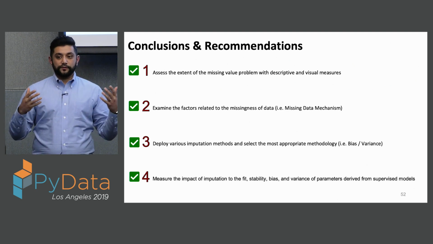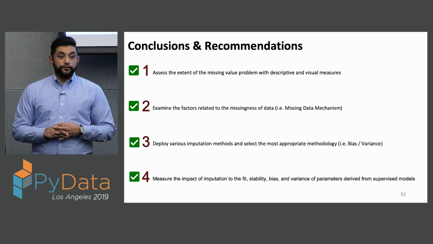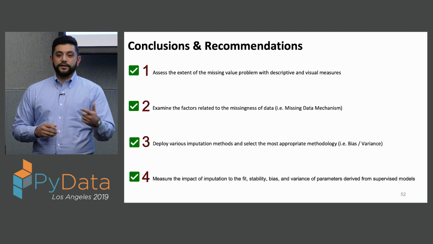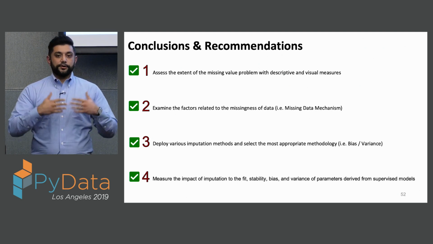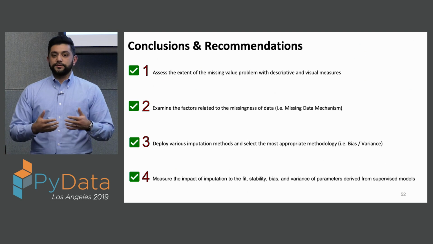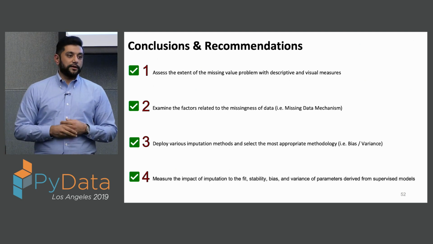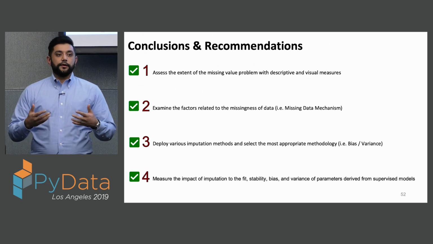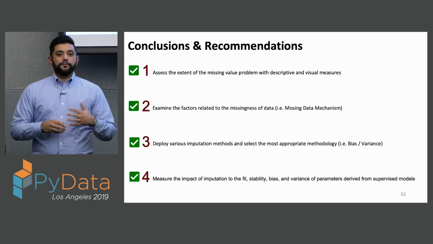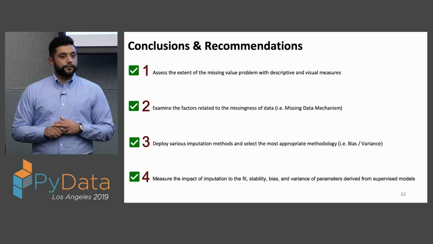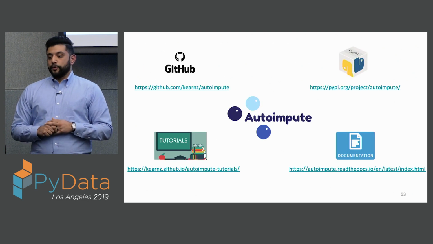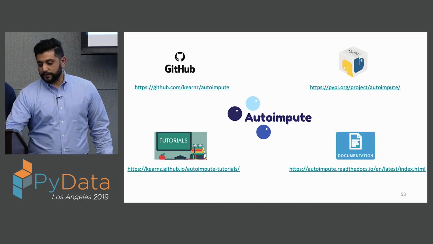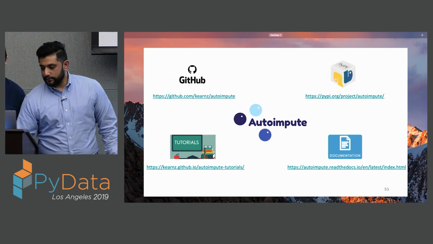We're going to give you the tools so that you can do the analysis and use your best judgment, because you have the domain expertise as well as the knowledge of your own data set. So go through the steps, understand the missingness, understand the missing data mechanism, try different imputation methods, run them through analytical models and really understand what's happening, and that way you can better make a decision on what's best for you.